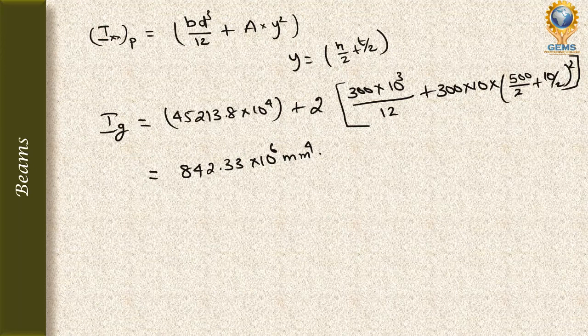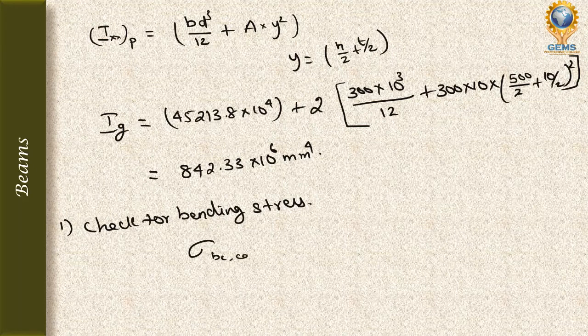Next, we have to check for bending stress. Here, this is a built-up section, so we have to calculate the maximum bending compressive stress, that is sigma BC calculated. That should be less than sigma BC permissible, that is 165 megapascal.